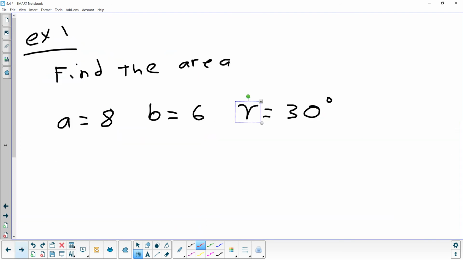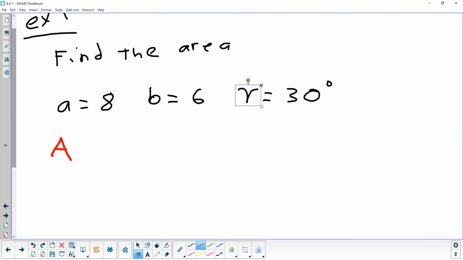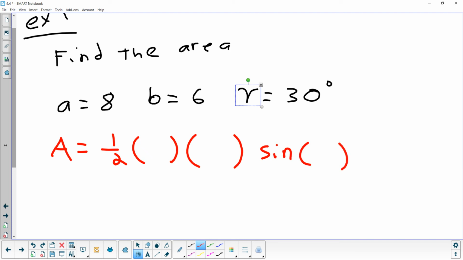So let's set up the formula to find area. You're always going to start with 1/2, and you're always going to put two sides, and then you're always going to fill in times sine of an angle. So every formula that you do using the information here, you can set it up like that every time. Now we just have to fill it in.